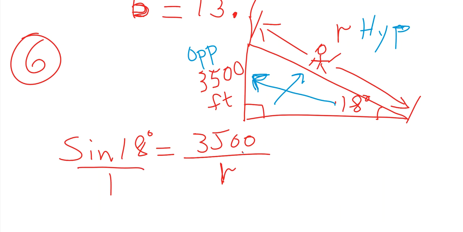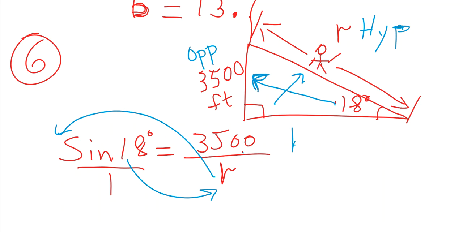I don't usually think like that. Maybe I've got a weird brain, but I think like this: move R up here and move sine down here. That's the way I think. But it really is like cross multiplication. So let me do it slowly.